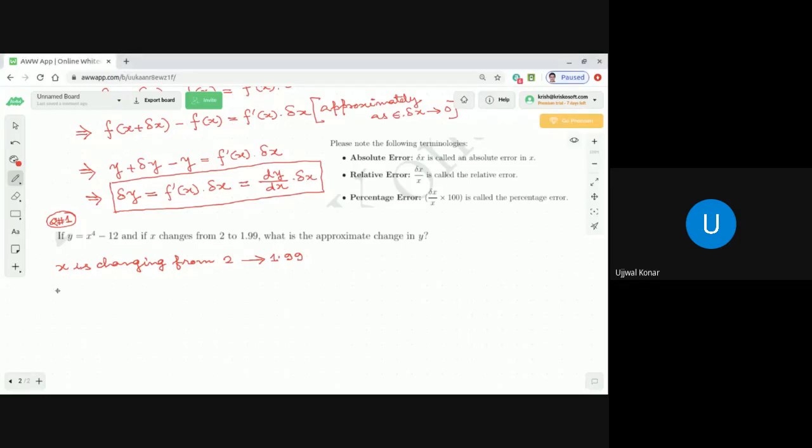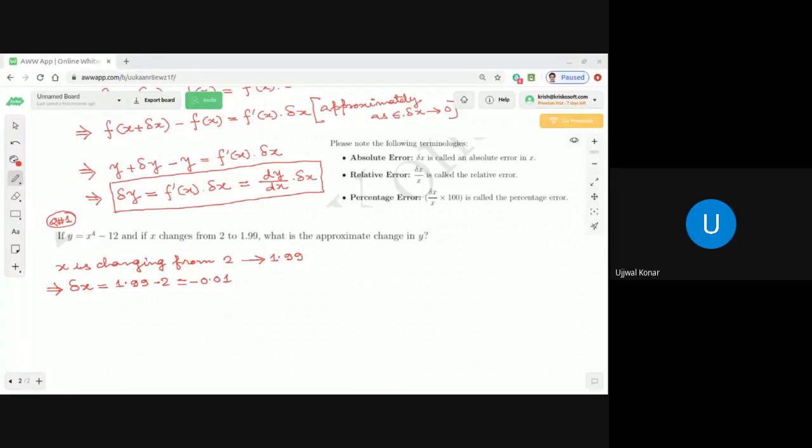This signifies that delta x is equal to 1.99 minus 2. Correct or not? 1.99 is the final value and 2 is the initial value. So delta x, the change in x, is 1.99 minus 2, and that is equal to minus 0.01.